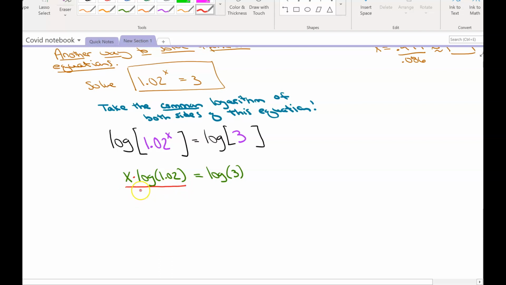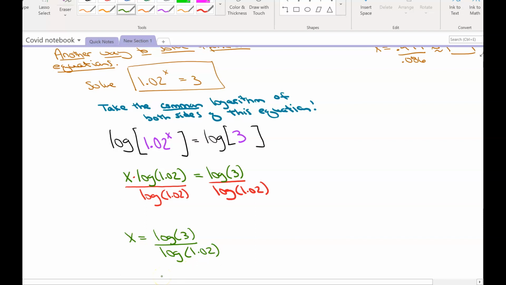Yes, we divide both sides by log of 1.02 over log of 1.02. And at the end of the day, what do we get? We get x equals log of 3 over log of 1.02.